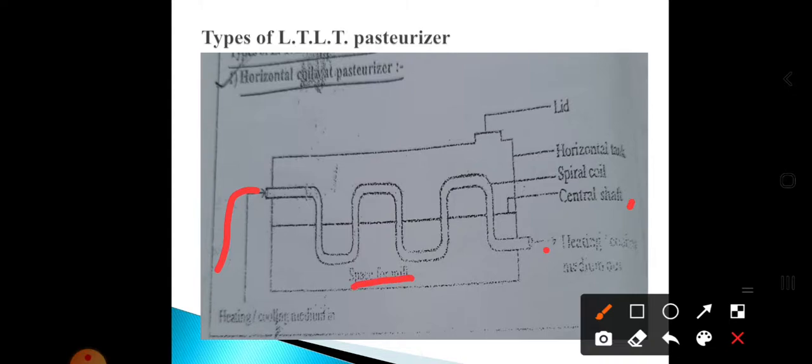The heat to the milk comes from this heating medium, and then it is cooled, and finally the packaging of the milk occurs. So this is the horizontal coil vat pasteurizer. This is one of the types of LT pasteurizer.